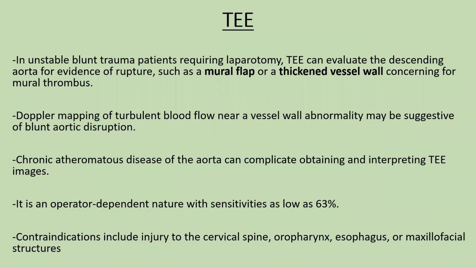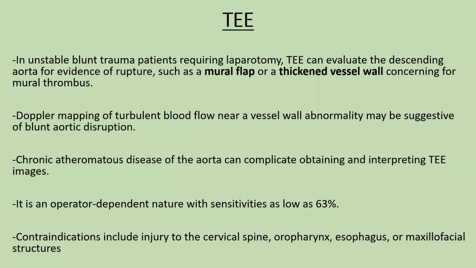TEE. So in an unstable blunt trauma patient requiring laparotomy, TEE can evaluate the descending aorta for evidence of rupture, such as a mural flap or a thickened vessel wall, concerning for mural thrombus. Doppler mapping of turbulent blood flow near a vessel wall abnormality may be suggestive of blunt aortic disruption.